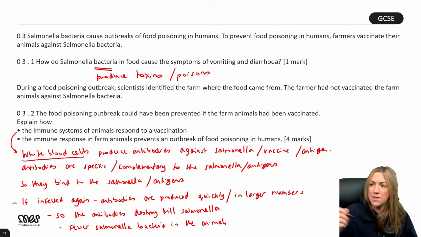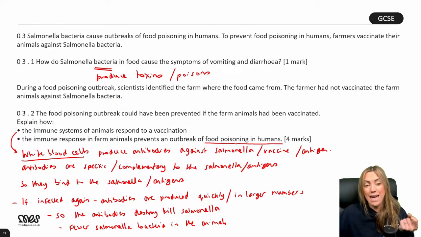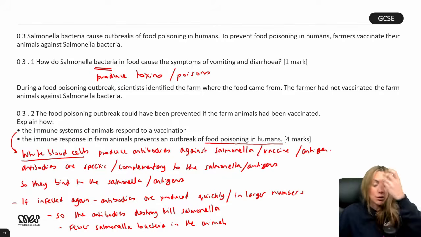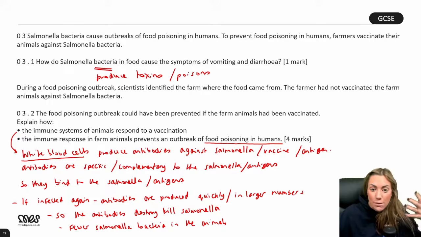Okay? So now we're going to be able to link it to humans, aren't we? Food poisoning in humans. Because if the farm animals are immune, if their white blood cells are quickly producing antibodies to destroy the salmonella, there's fewer salmonella in the animal, in the animal's meat, in the animal's milk.